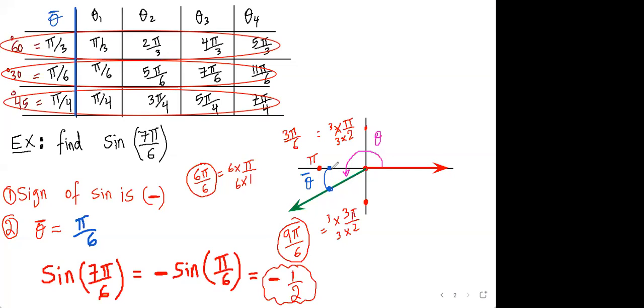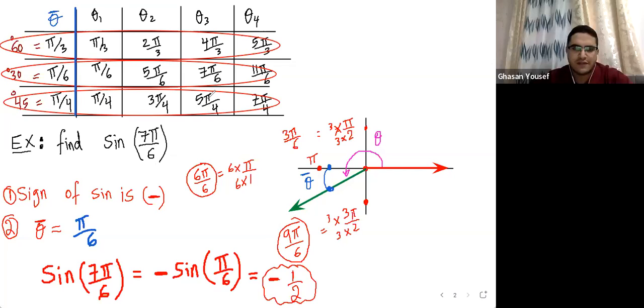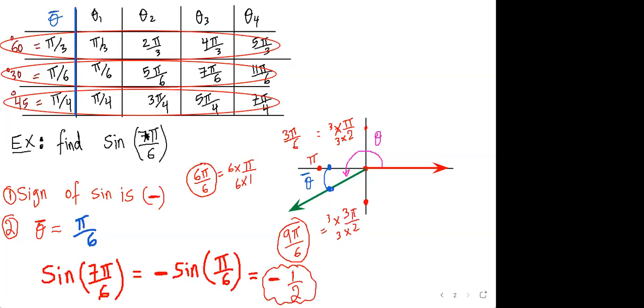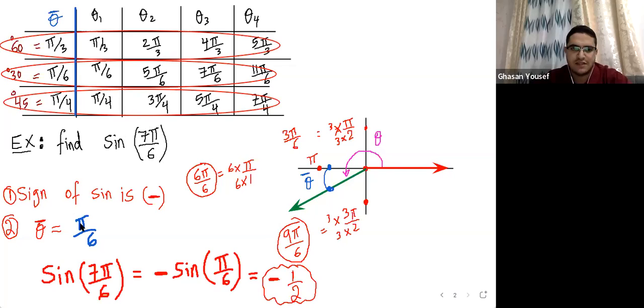Does it mean that, for example, sine of 8 pi over 6 is going to have the same exact answer as this? Yes, because the sign in the third quadrant for the sine function is negative. But 8 pi over 6 does not have the same reference angle.